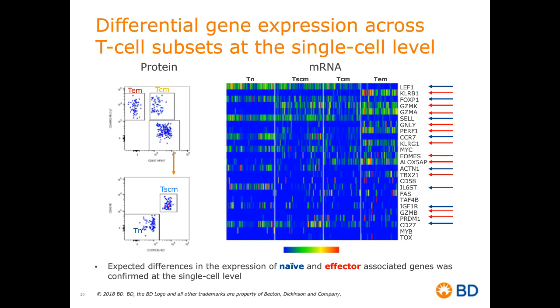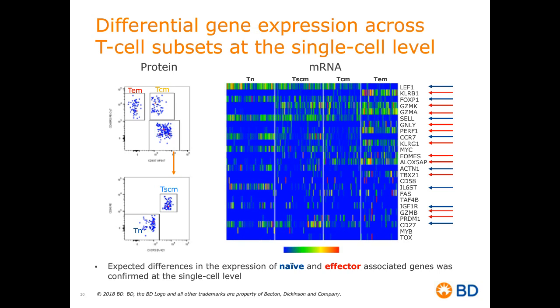And the way we read this graph, instead of having the typical one tab or one bar with a color code red for high or blue for low, that you will have in the bulk analysis, we are lining up here each cell of the cells that were sorted.